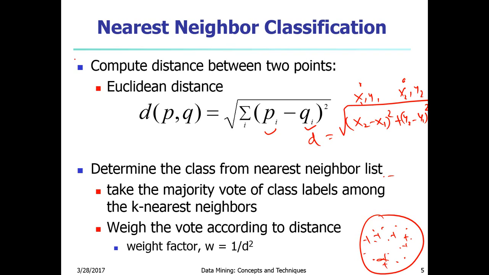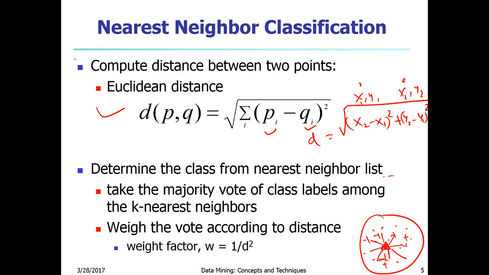Now we do not know what this new point is, whether it's a circle or a plus. So we calculate the distance from each point to know which is the nearest one, and then we take the majority count and find out whether it's a circle or a plus. So first is finding the distance, and how do you find it? Using the Euclidean distance formula.